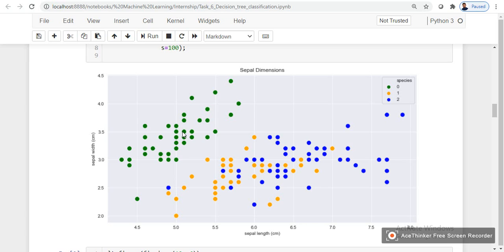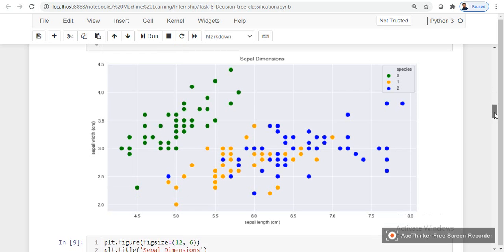These are the sepal dimensions of class 0, the green ones are the sepal dimensions of class 1, and the blue ones are the dimensions of class 2. Class 0 is linearly separable from class 1 and 2.